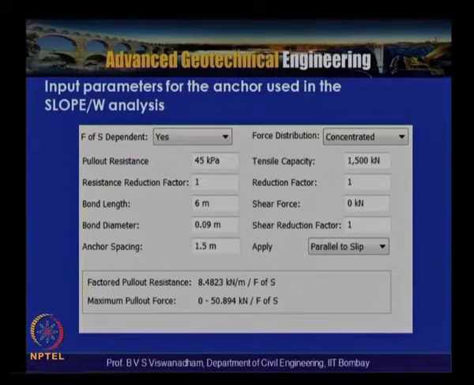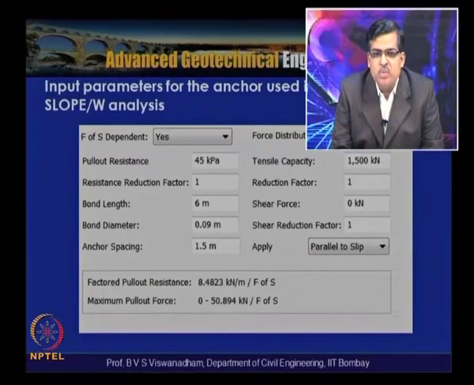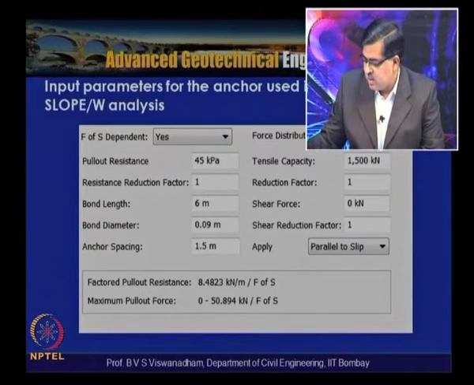The bond length is the entire 6 meters, which is grouted, and the anchor spacing for this example is 1.5 meters. The factored pull out resistance and maximum pull out resistance ranges were also given.